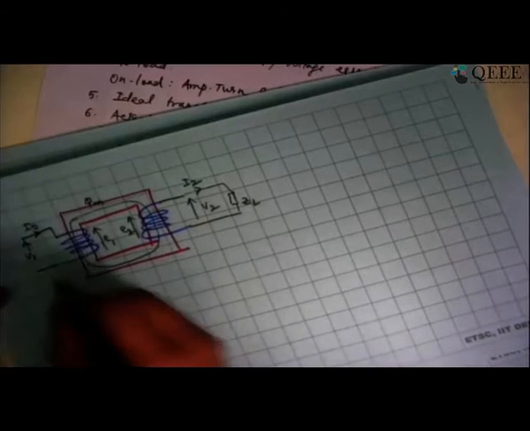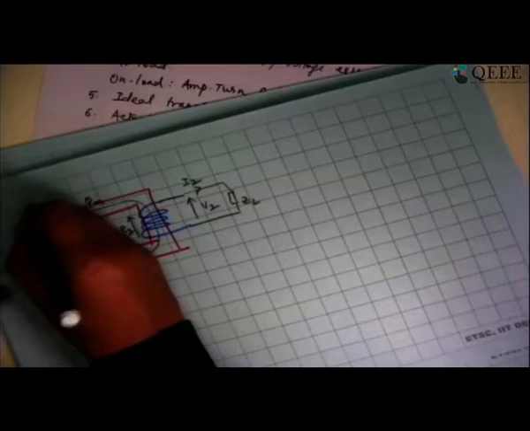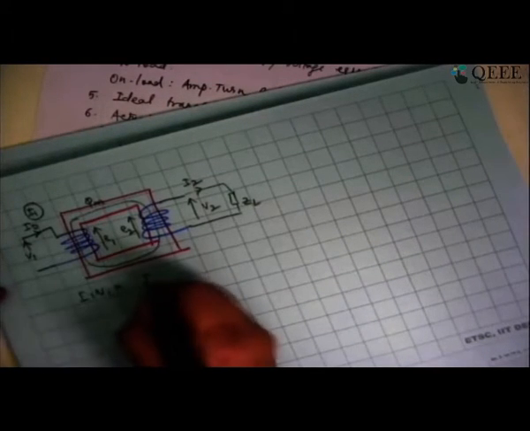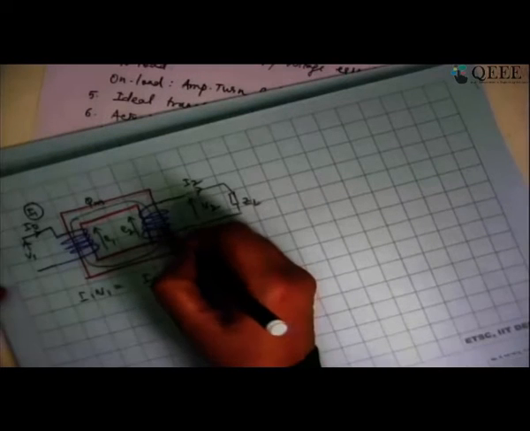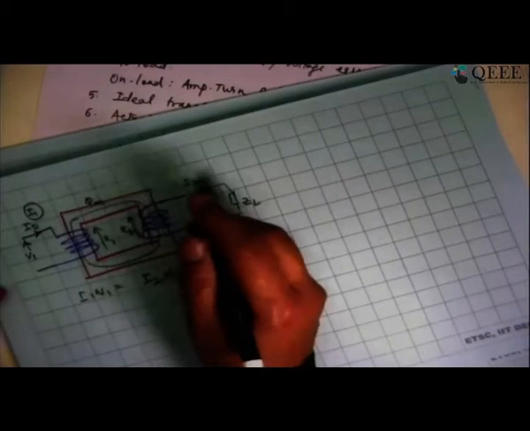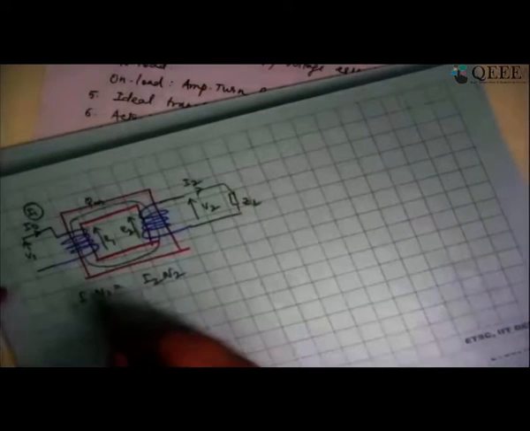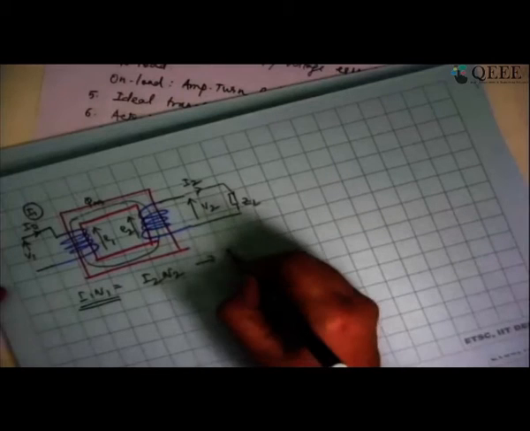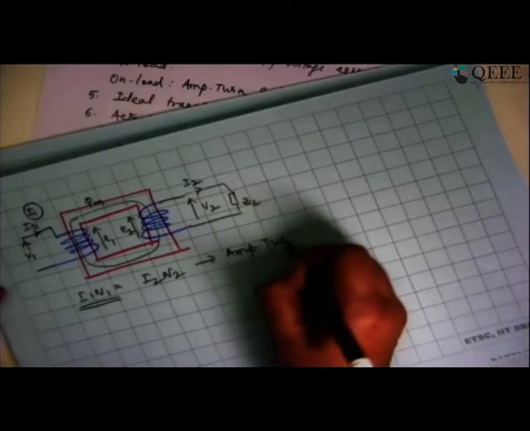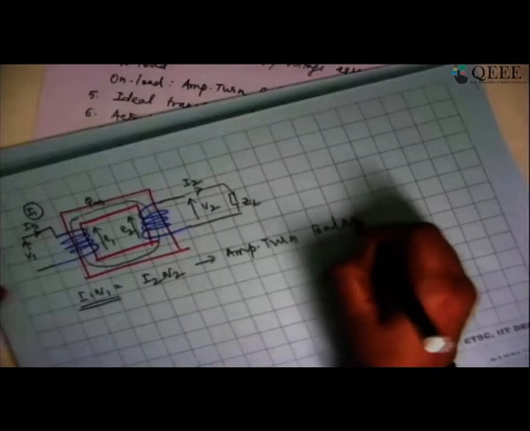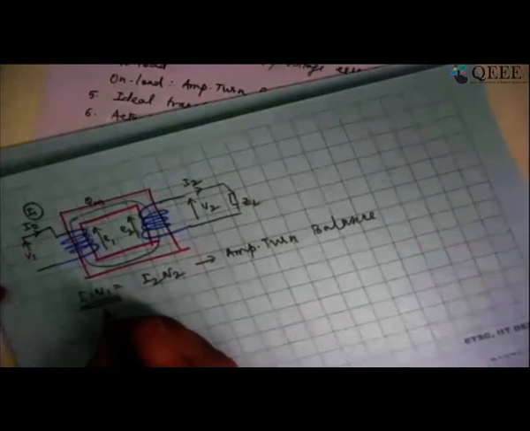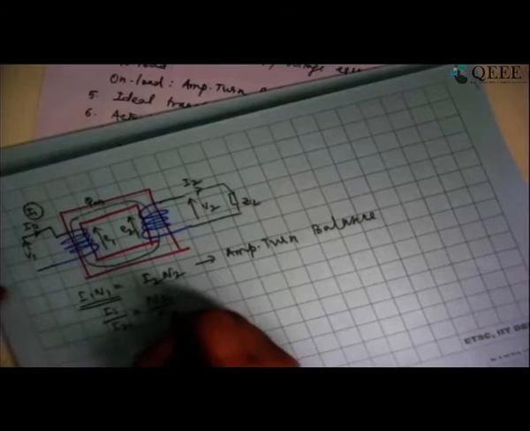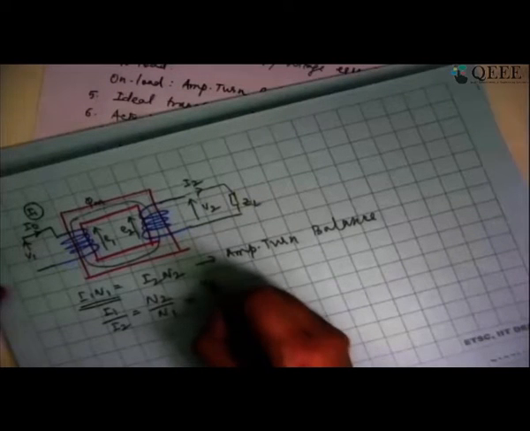That current, which I call I1, will be such that I1 N1 equals I2 N2, so that the flux that was trying to kill phi m has been nullified by I1 N1. This is the ampere turn balance of the transformer. From this, I should be able to say I1 by I2 equals N2 by N1, and already we wrote this is equal to V1 by V2.